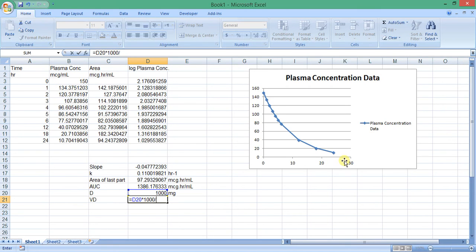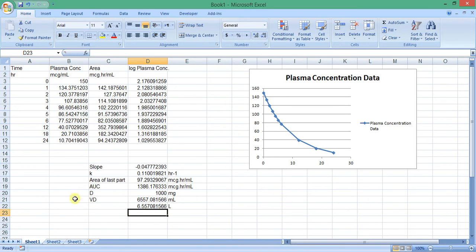That's the dose, divided by the elimination rate constant, the cell D17, and then insert a division sign again and divided by AUC. This is the volume of distribution, and it has the unit of the volume part of the plasma concentration, so milliliter. If we would like to calculate it in liters, we should divide this value by 1000.